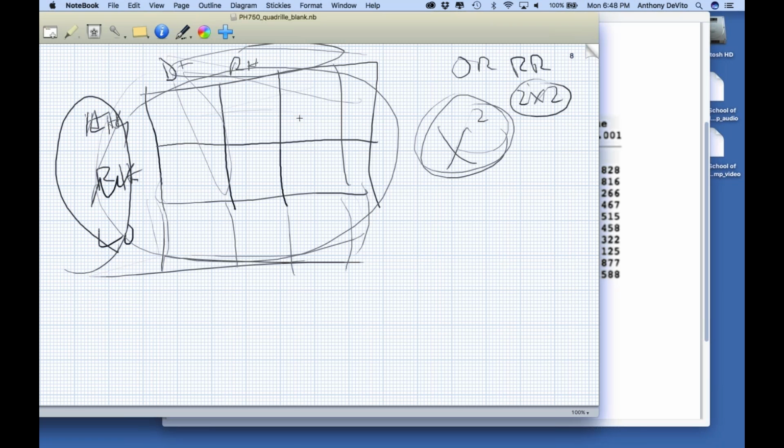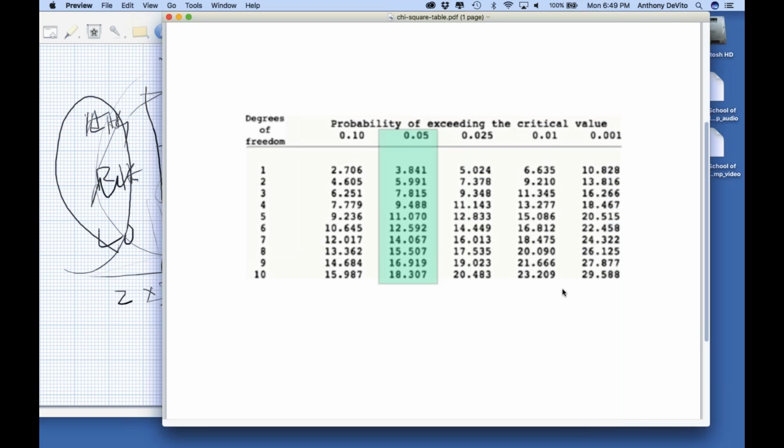For instance, if we had 3 rows and 4 columns, that would be 3 minus 1 is 2, 4 minus 1 is 3, 3 times 2 is 6 degrees of freedom. For 6 degrees of freedom, we would need a chi-square value, when we add up all those different cells, of 12.59 or larger in order to reject the null hypothesis.